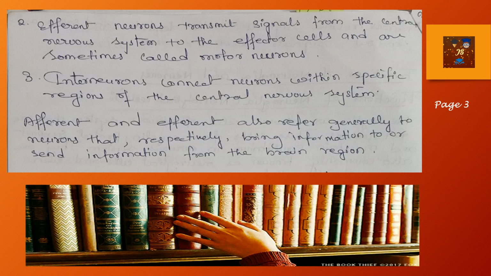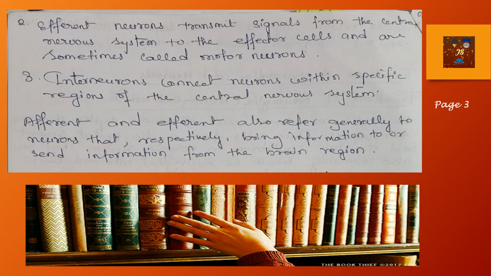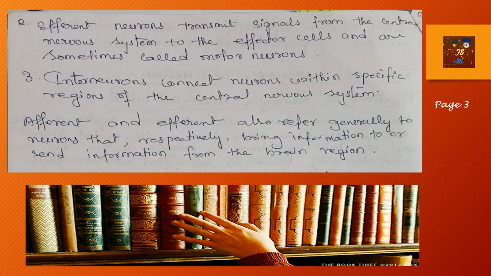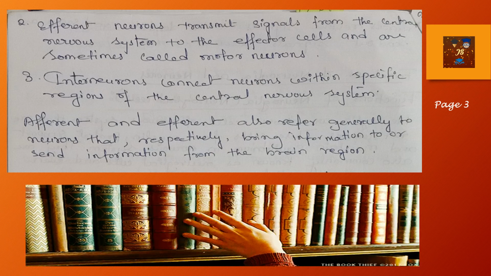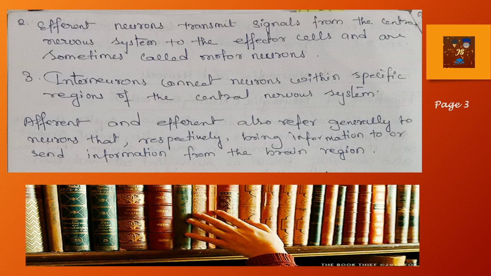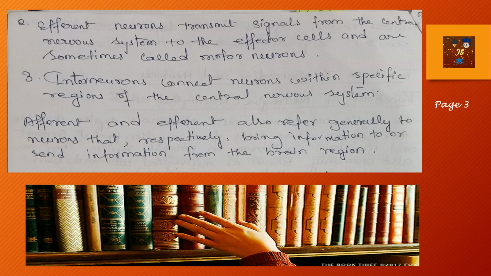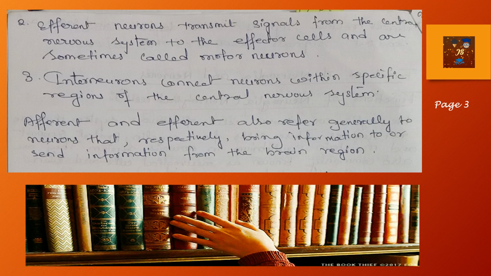And number 3, interneurons connect neurons within specific regions of the central nervous system. Afferent and efferent also refer generally to neurons that respectively bring information to or send information from a brain region. So these are the functions of neurons and neuroglial cells.